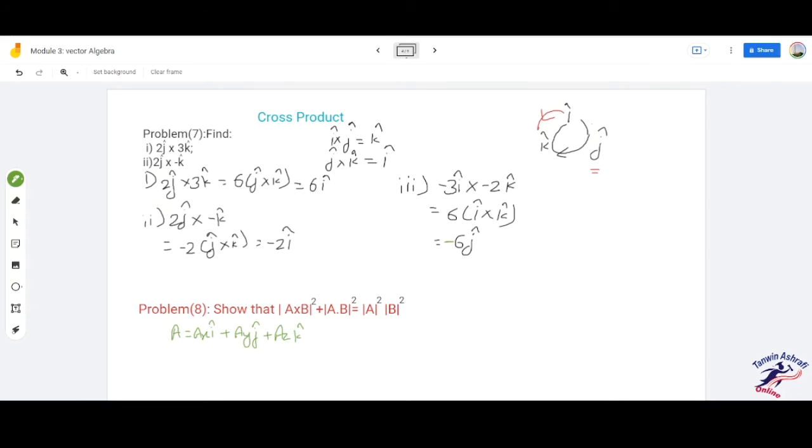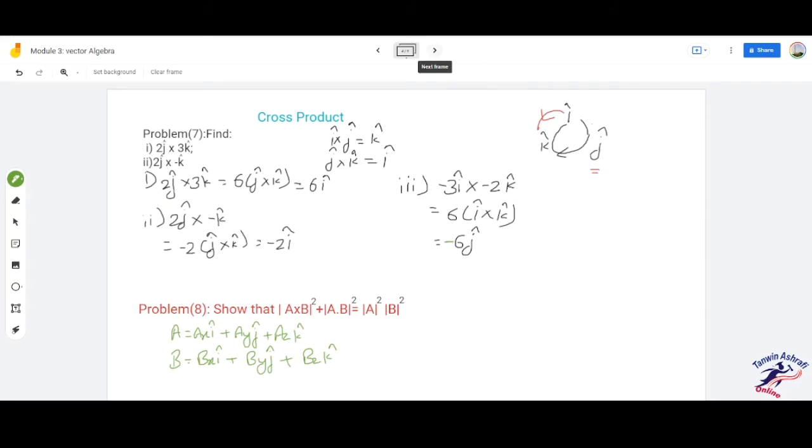In a similar way you can take B as BX i cap, BY j cap, BZ k cap, and try this problem by yourself to better understand the cross product.